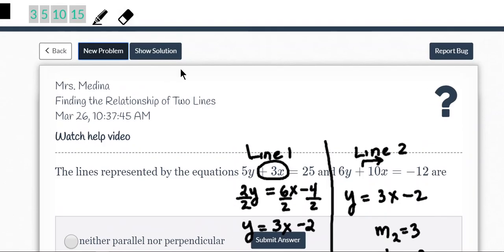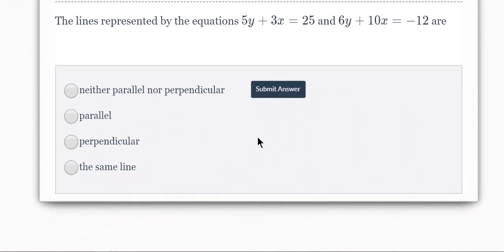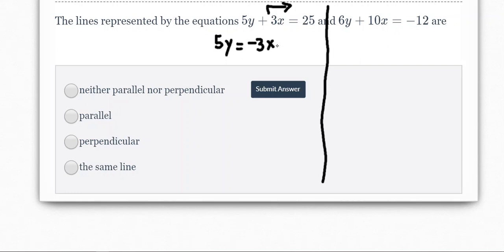Once again, technical difficulties. And we need to rearrange them. This is going to be the dividing line. All right, this positive 3x has to go to the other side. So we're going to have 5y equals negative 3x plus 25.